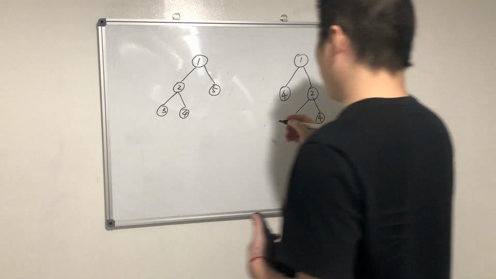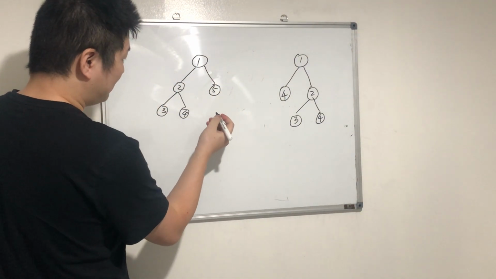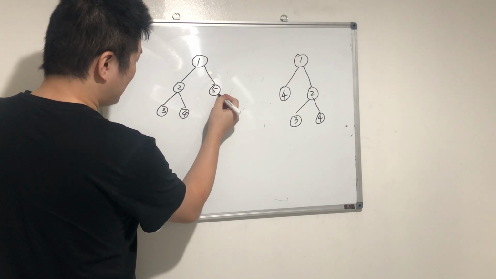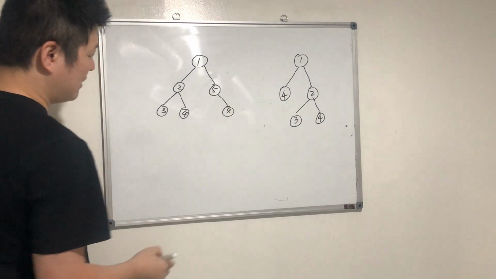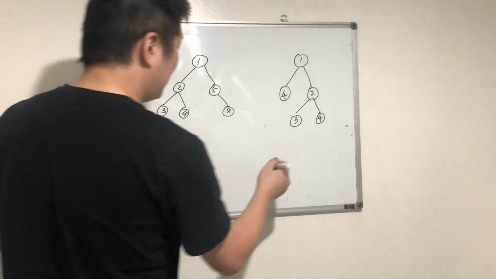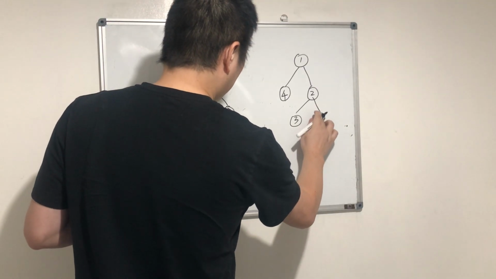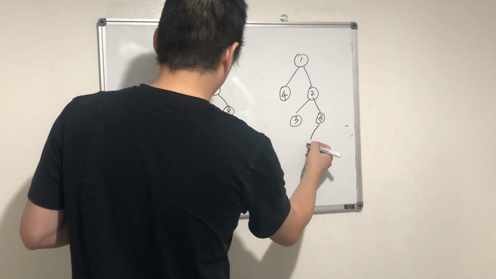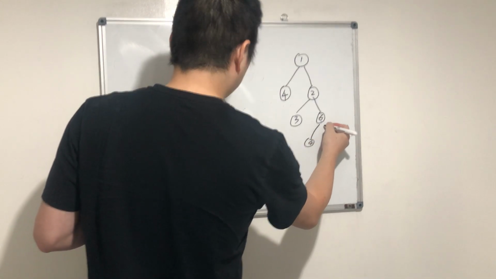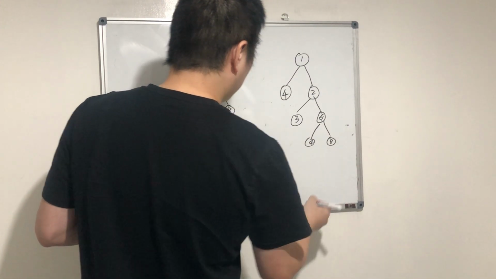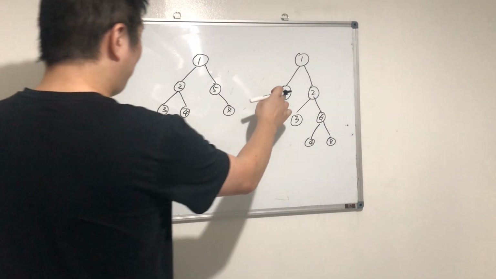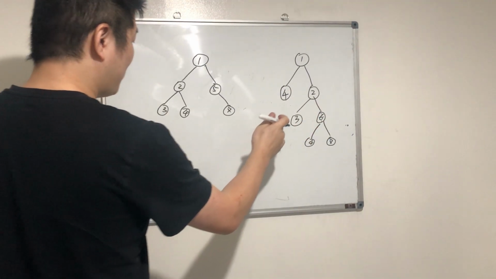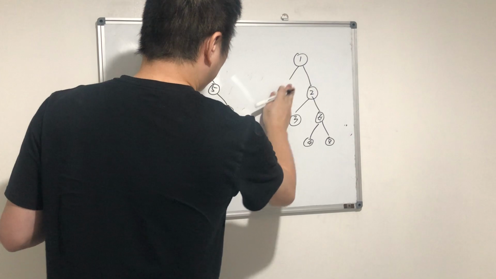Okay, maybe I will do this another one, 7, and mirror, 4, 7. Okay, so there's a 4 here. So these will be, yeah, just get rid of it.